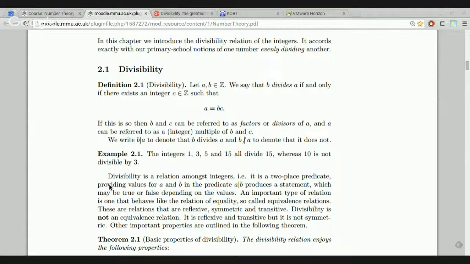So last time we met definition 2.1 about divisibility. We considered it in a very formal way, but of course it's something you're all very familiar with, the idea of one integer being divisible by another one. I'm talking about multiples of integers.